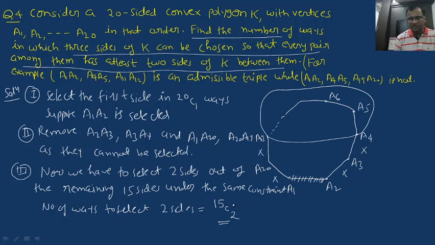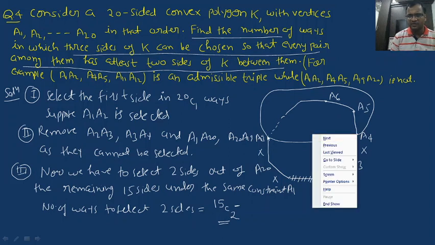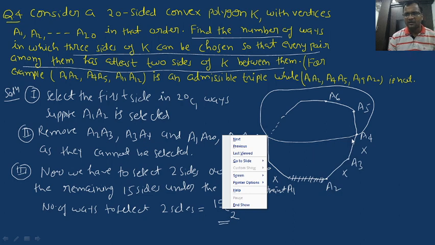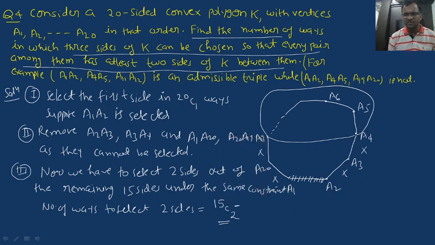So I am going to select the case when both selected sides are consecutive. Okay, look at the endpoints of these 15 sides. Here is A4 and here is some other vertex A19, and clearly these two endpoints are not coincident. So we can select two consecutive sides out of the remaining 15 sides in only 14 ways.